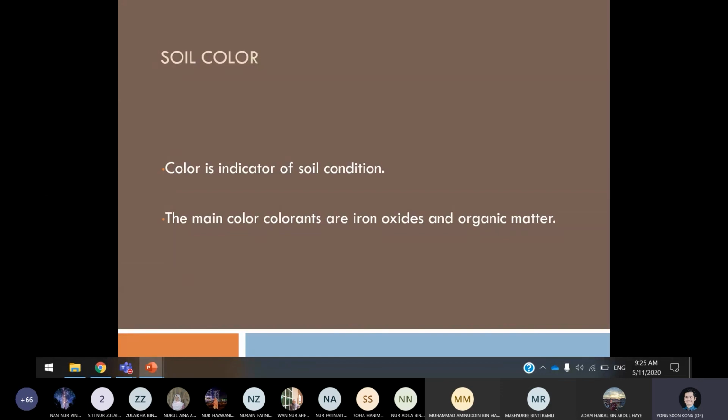Now, for the next part, we will talk about soil color. This one is completely different, because earlier we talked about bulk density, particle density, porosity, permeability, whatnot. Those involve the physical properties in terms of air and solid. But this one is a bit different.